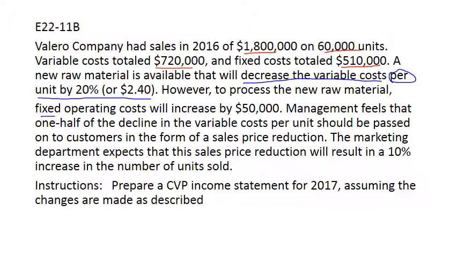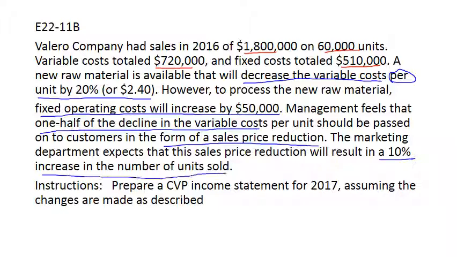The fixed operating costs are going to increase by $50,000. Management wants one half of that decline in variable cost to be passed on in the form of a sales price reduction, and the marketing department thinks that that sales price reduction is going to result in a 10% increase in the number of units sold.